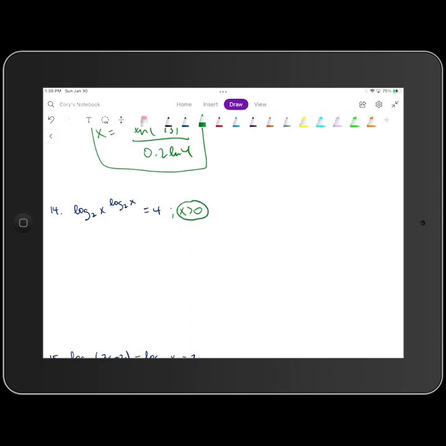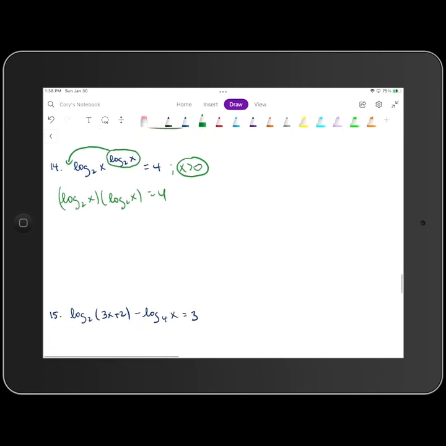Now, when we look at this log equation here, this exponent, we can pull out front of the other log as a factor. So when we do that, we're going to get the log base 2 of x times the log base 2 of x is equal to 4. Which makes the log base 2 of x quantity squared on the left-hand side equal 4.